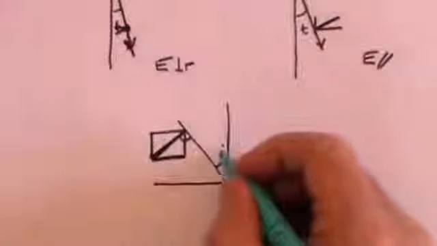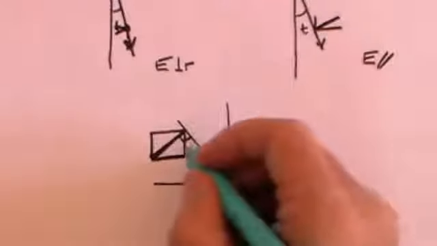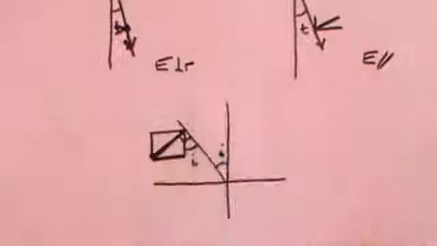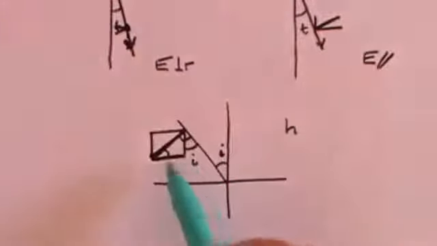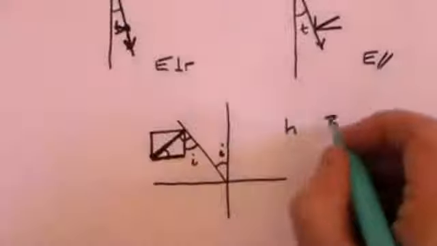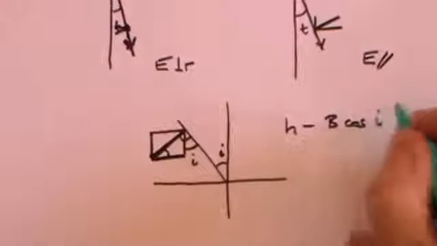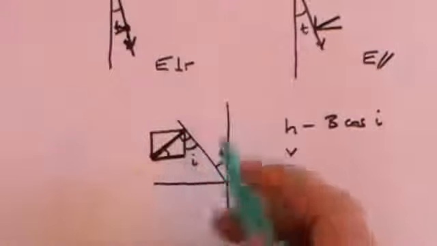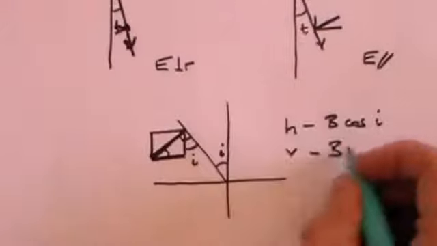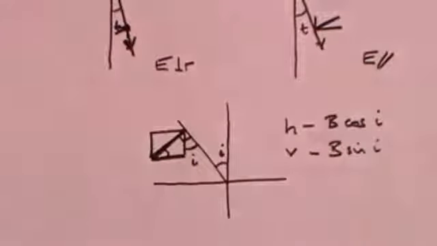Now, if this angle here is the angle of incidence I, then that angle there will also be the angle of incidence I, and that angle there is also the angle of incidence I. And that tells us that the horizontal component of the B field will be B cosine of I, and the vertical component of the B field will be B times the sine of I. That's just resolving the component parts.